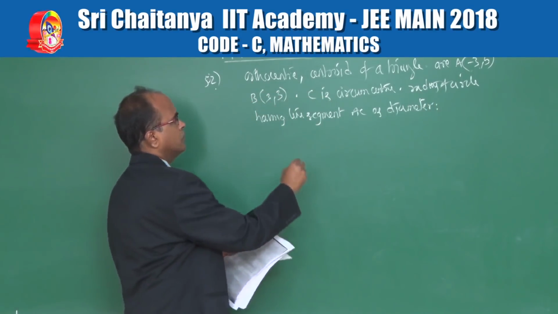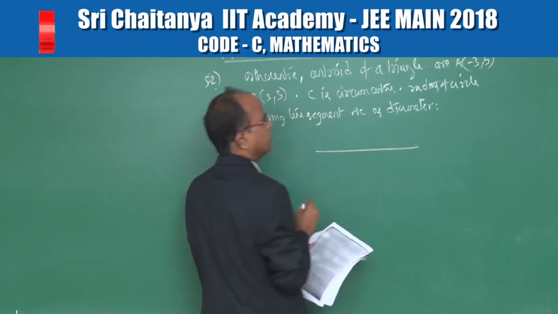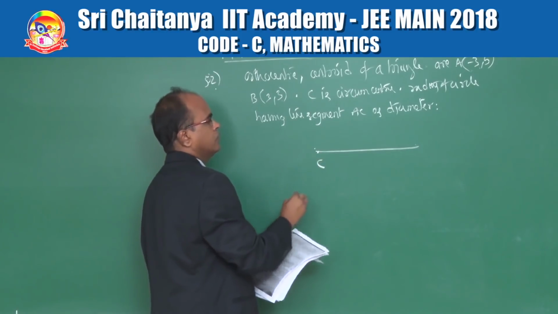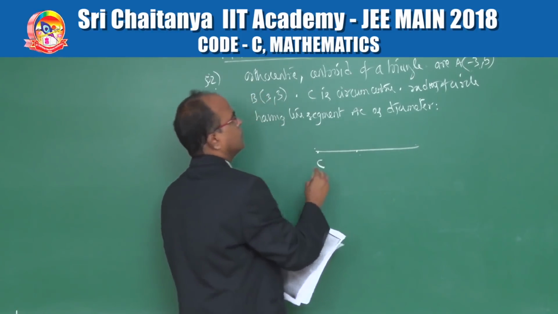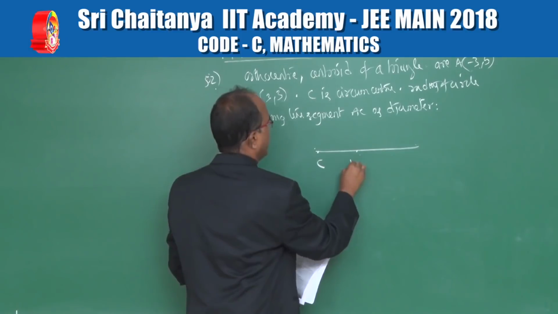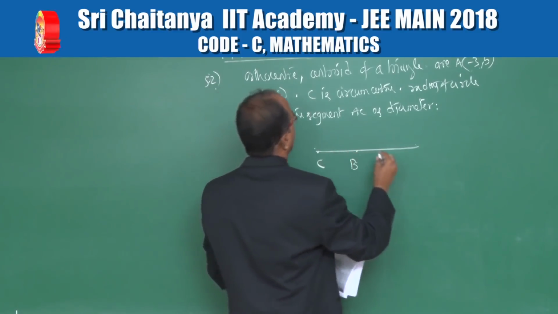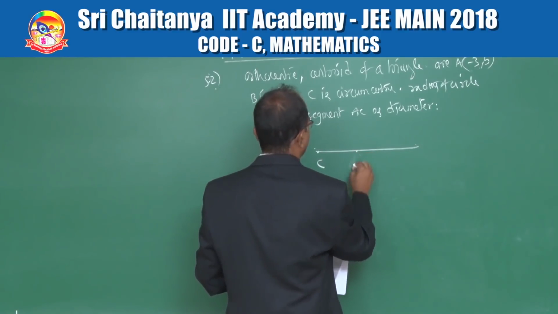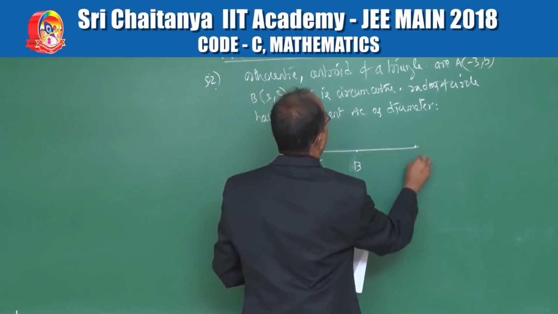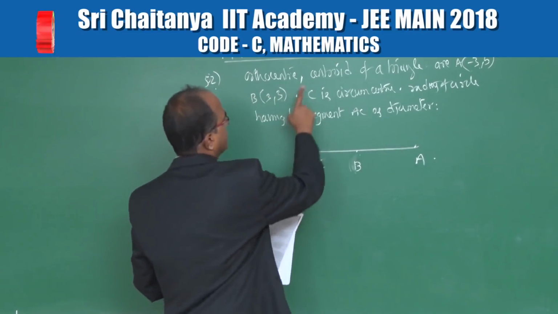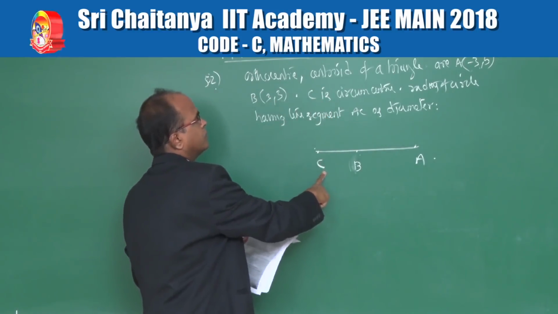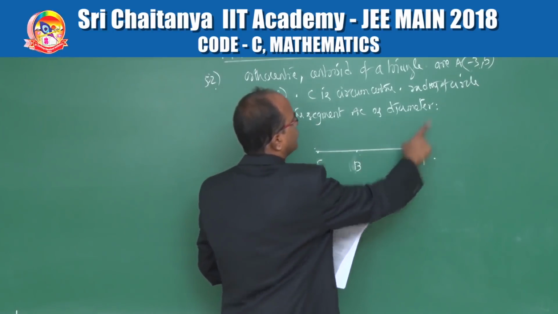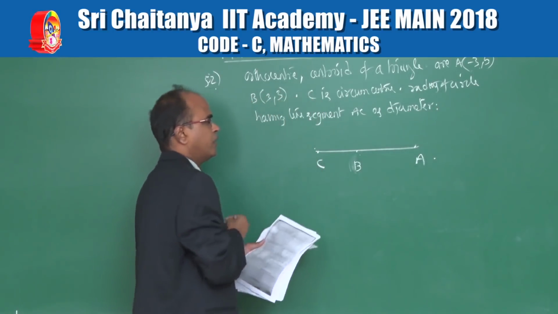Here we know that the circumcenter, namely C, the centroid, namely B, and the orthocenter, in this case it is A. That means the circumcenter C and the centroid B and the orthocenter A will always be collinear.